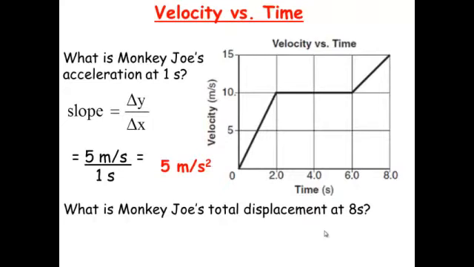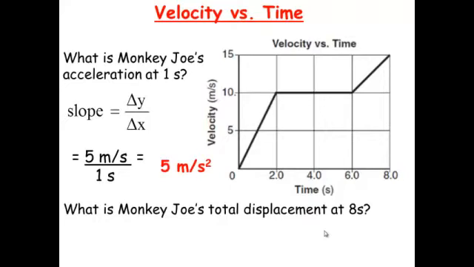To calculate Monkey Joe's total displacement at 8 seconds, I need to find the area underneath the graph from 0 to 8 seconds. In order to do this, I can break down that overall shape into smaller shapes and find those individual areas, and at the end add them all together.